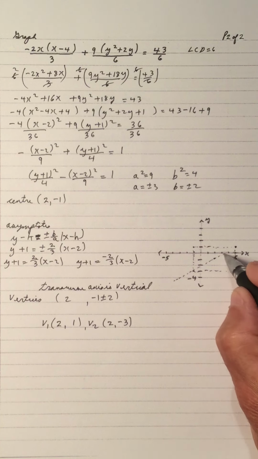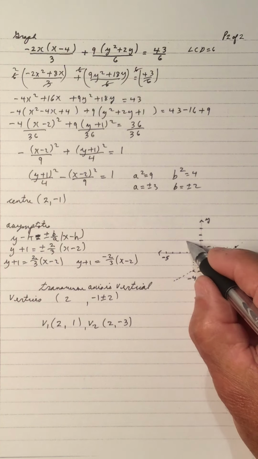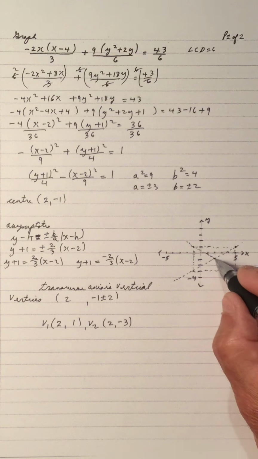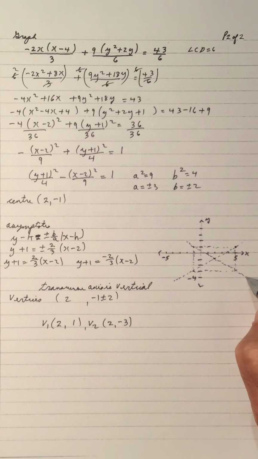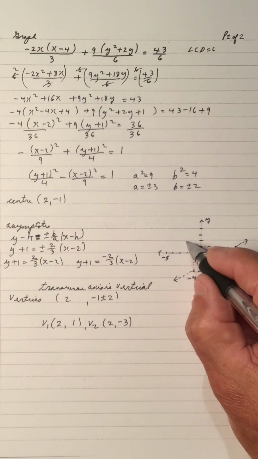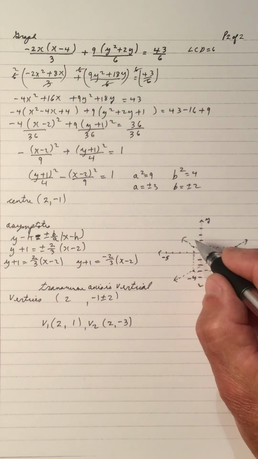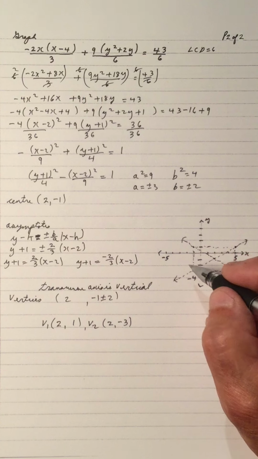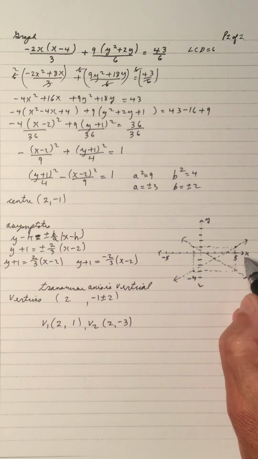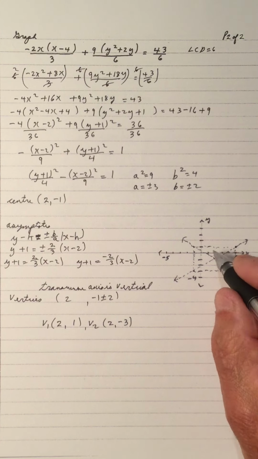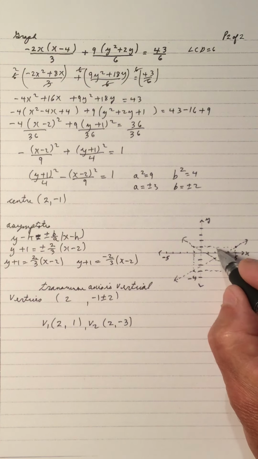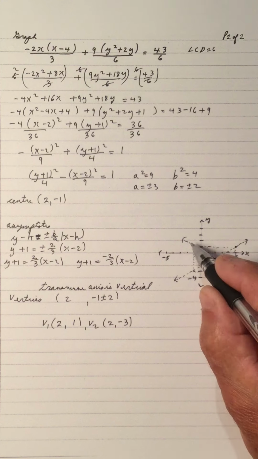This is the positive one, and this is the negative one. And again, there are arrowheads on these, and they're dashed because they're not part of the hyperbola. These are asymptotes of the hyperbola. As x goes to infinity, it gets closer and closer to the asymptotes.